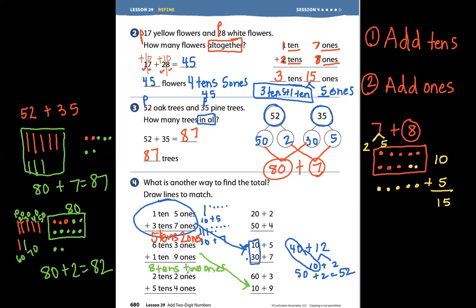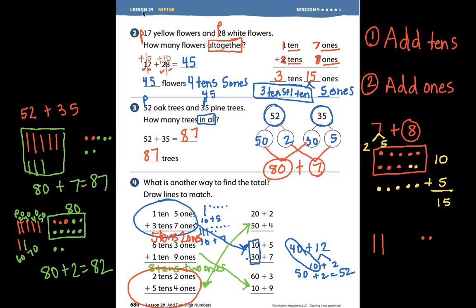And the last problem will have to match this one here. There's nothing left to match other than this. 2 tens and 2 ones. We're right over on the right-hand side. So we're going to do this one here and write it here. 2 tens and 2 ones.